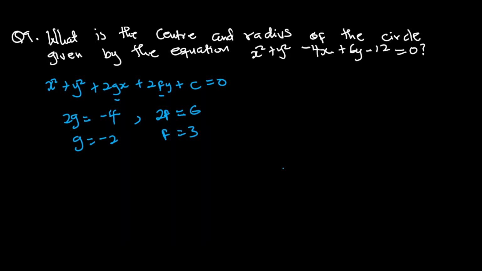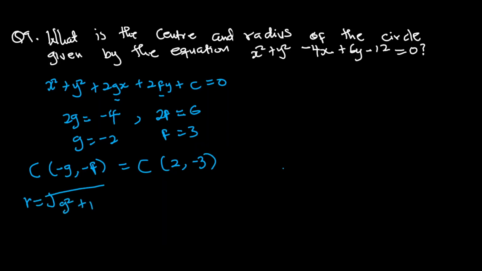Now the center is given by negative j, negative f. And so in our case here, our center will be negative j, which will be negative negative 2. That will give us positive 2, and then our f will be negative 3 here. And then the radius is given by the square root of j squared plus f squared minus c.